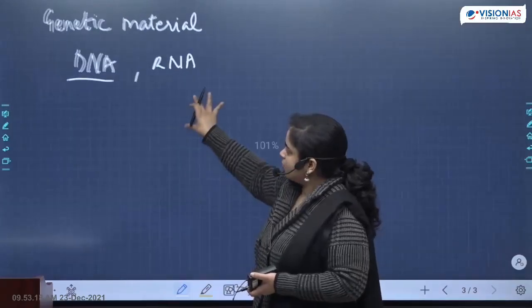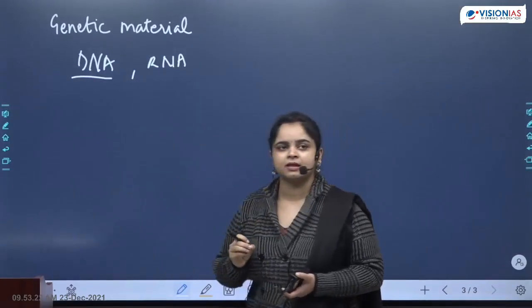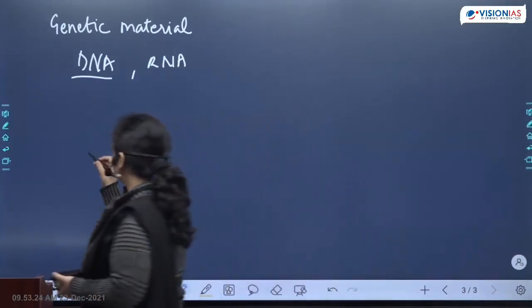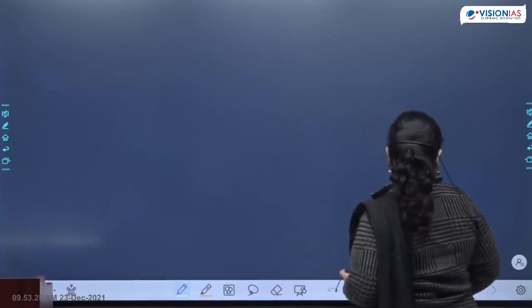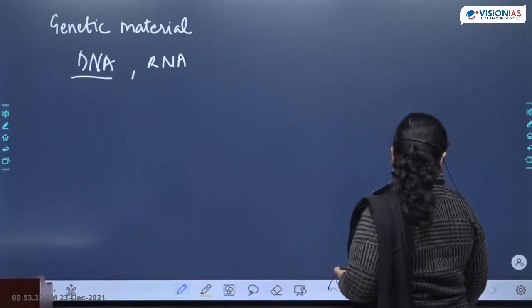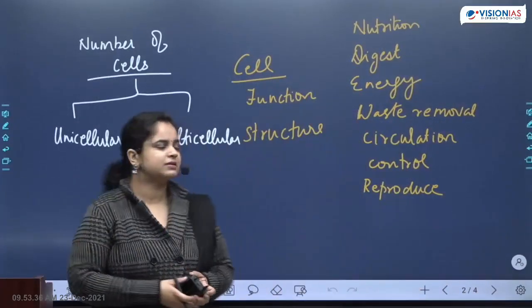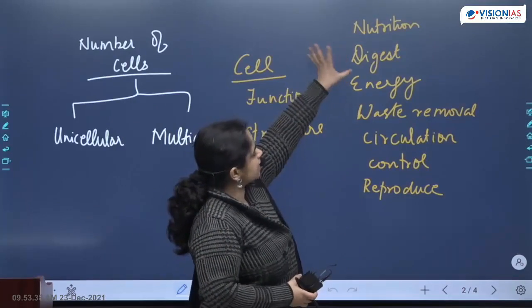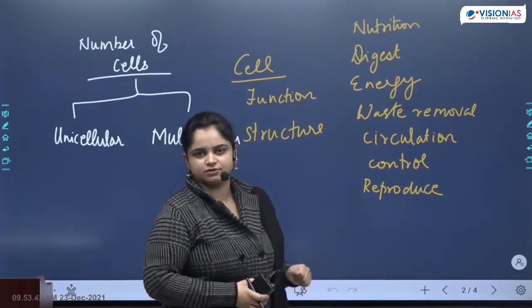The next point which I want to tell you is presence of something called a cell organelle. Okay, so you remember these different functions? We said that, okay, we can have the stomach, we can have lungs, kidneys, different organs to do different functions.